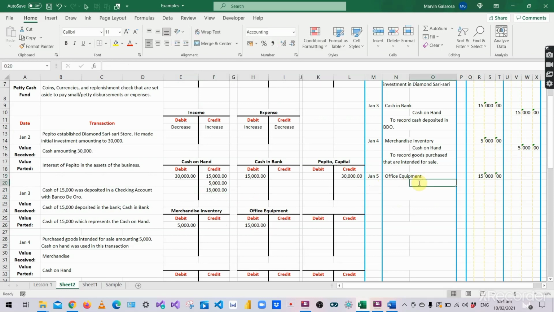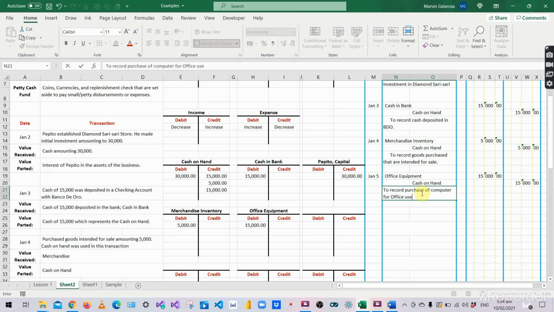Credit cash on hand 15,000. Lagyan natin ng description to record purchase of computer for office use.